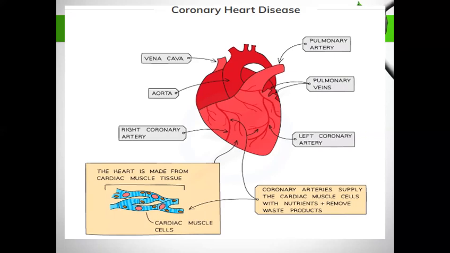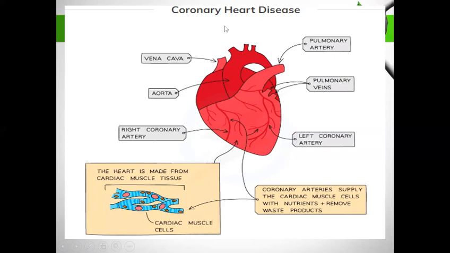Each and every cell gets oxygen and glucose through the circulation of blood, and with the reaction of oxygen and glucose, each cell makes energy, and this energy enables the cells to perform their job. In the same way, the muscles of the heart also need oxygen and glucose. The blood vessel that transports oxygenated blood to the muscle of the heart is called the coronary artery.